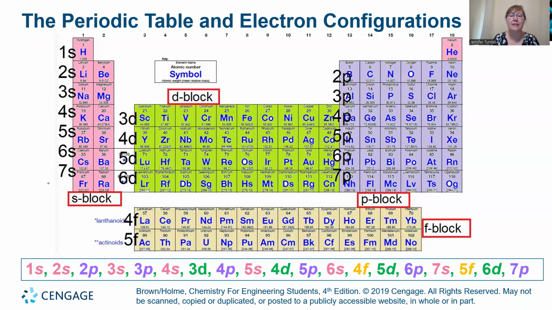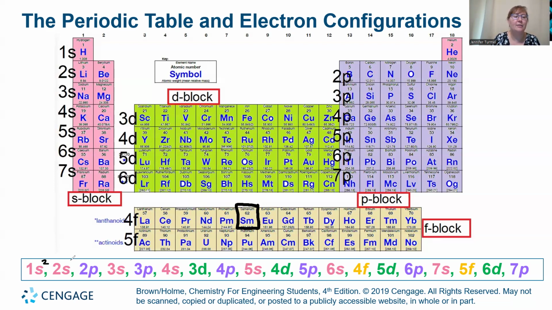Now on your sheet, you should see samarium. Okay, so let's find samarium. Samarium is higher than that. It's number 62 and it's right here in our F block. Okay, so let's go ahead and get down then to 62.